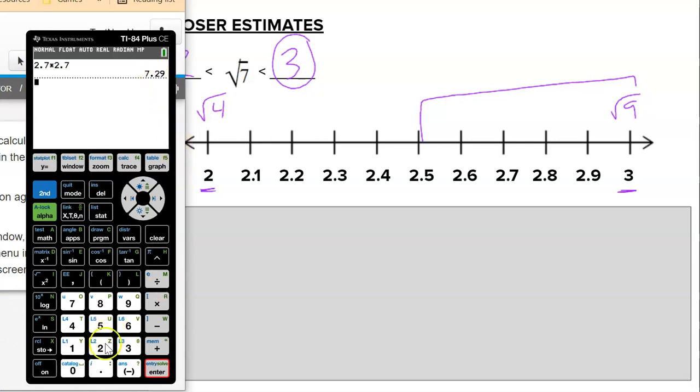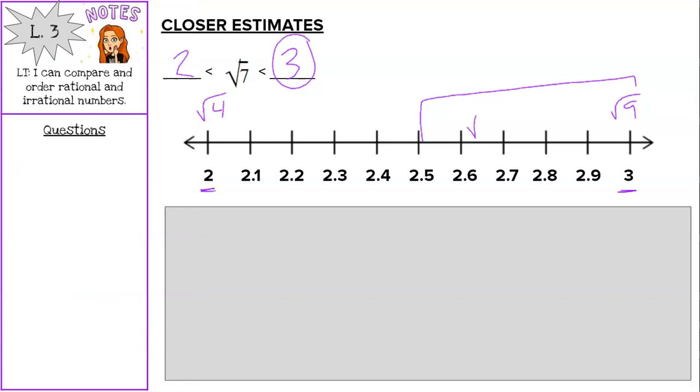So I'm going to drop it down to 2.6. So let's do 2.6 times 2.6. And that's 6.76. So you can see that the square root of 7 is going to be between 2.6 and 2.7. So on our chart, we could put the square root of 7 between 2.6 and 2.7. So it would be about 2.65.